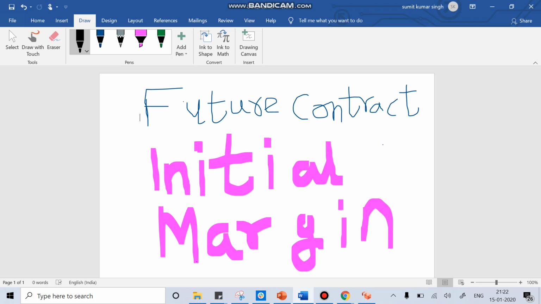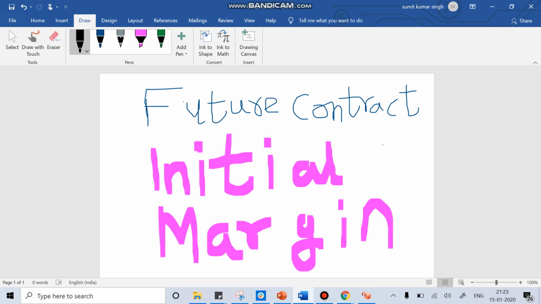A futures contract is basically a kind of forward contract where both the long and short position holder have to deposit an amount with the exchange. That money is called the initial margin, which they need to deposit at the beginning of the contract. Once they deposit this money, the exchange does M2M settlement, that is mark to market settlement, over the underlying asset at the end of every trading day.